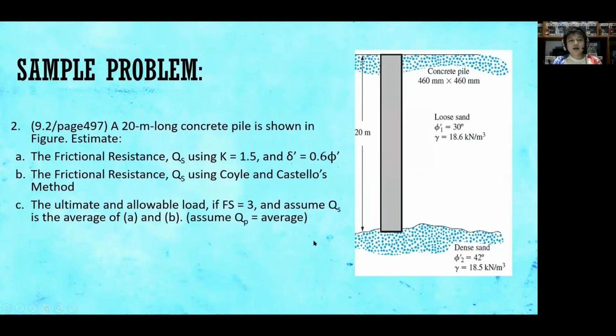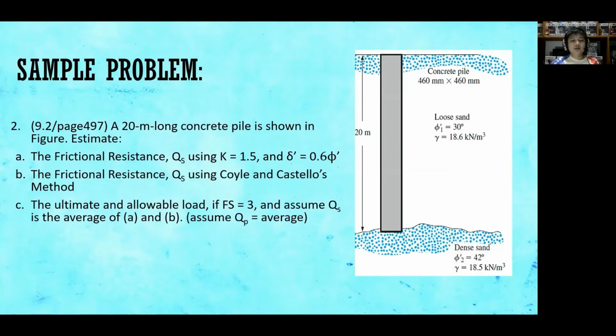So for our sample problem number 2, this is problem 9.2 in page 497. A 20-meter long concrete pile is shown in the figure. Estimate for letter A the frictional resistance Q sub S using K, that is 1.5, and delta prime as 0.6 of phi prime.